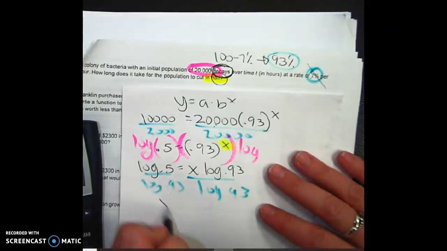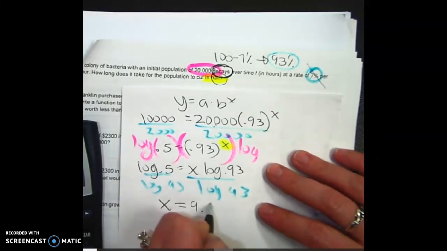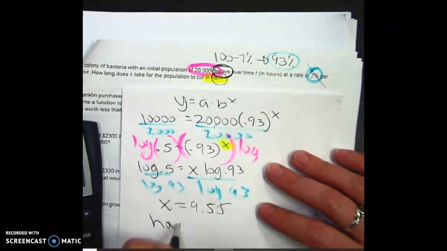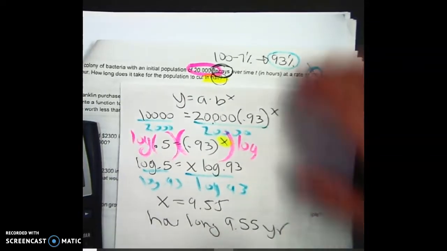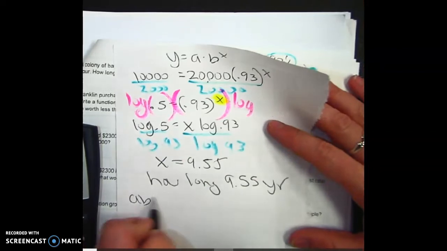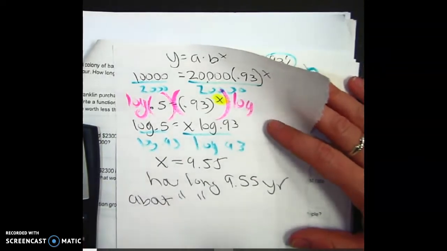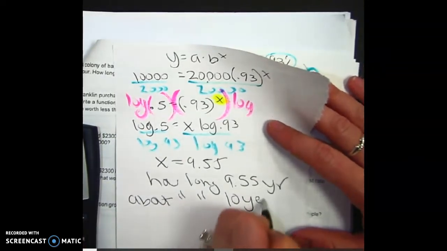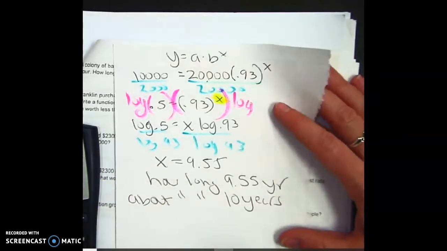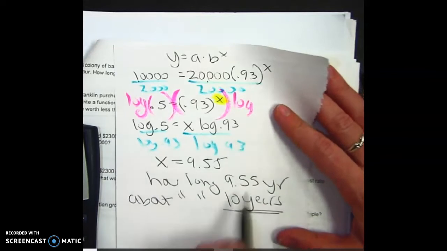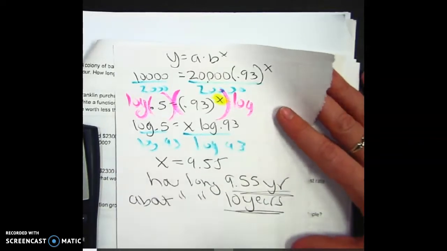If I say how long, you're going to say 9.55 years. If I say about how long, you will say 10 years. So notice the difference, because some questions I'm asking for an estimation, and some I'm asking exactly.